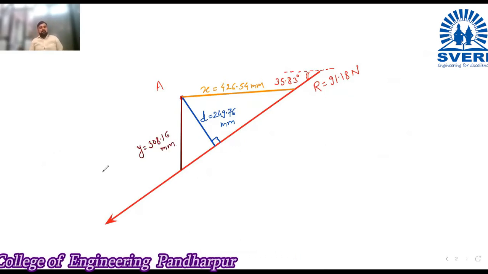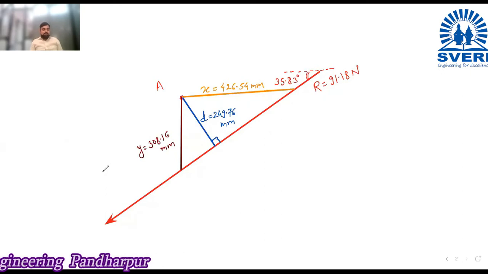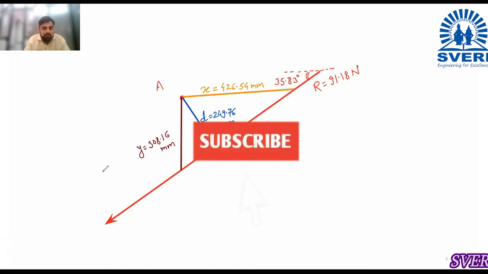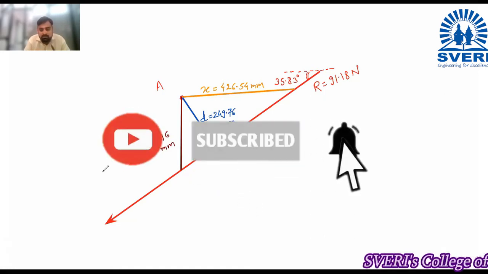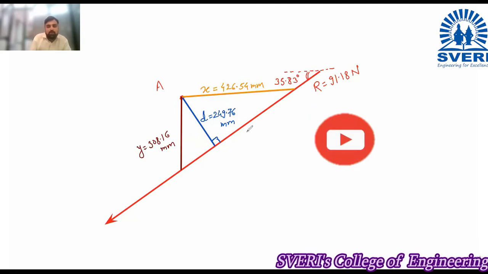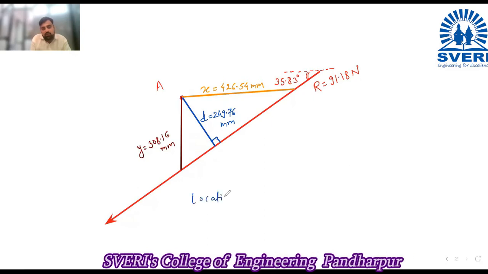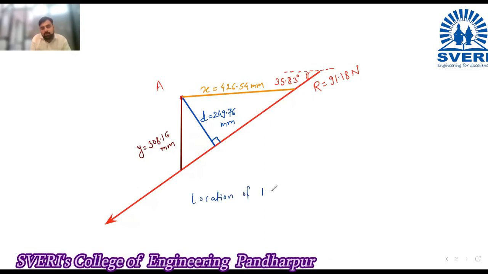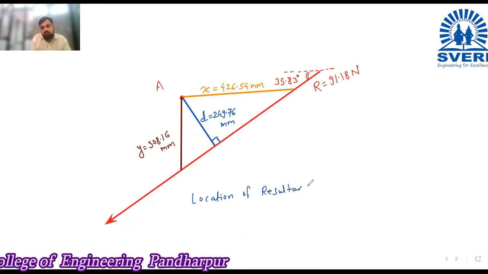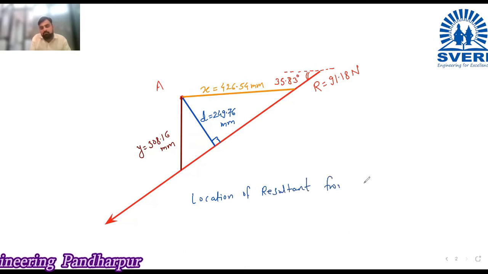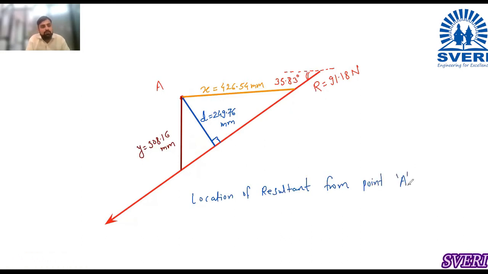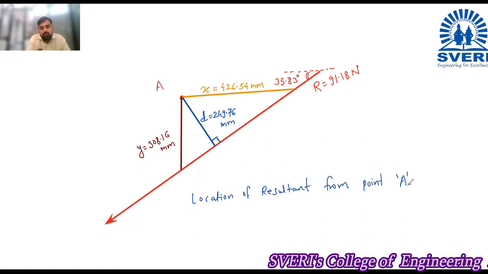So this is the final position of the resultant. This is the location of the resultant from point A. You can name this diagram location of resultant from point A. Okay, is it understood?